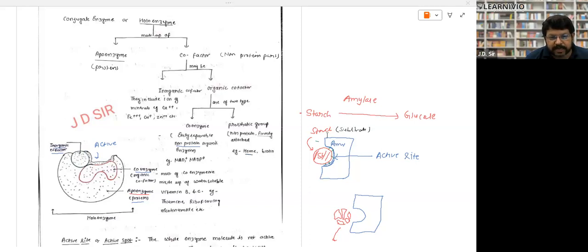Also, do I write on the copy this diagram as well, which I have drawn on the right side? Yeah. Okay, fine. Right.